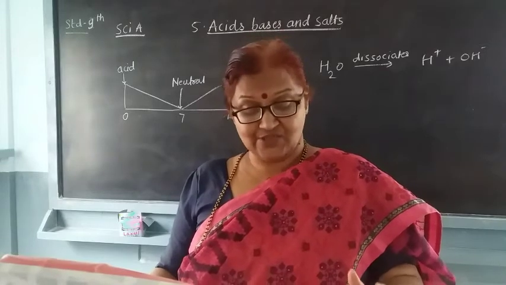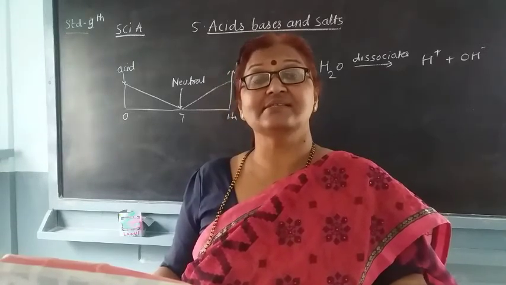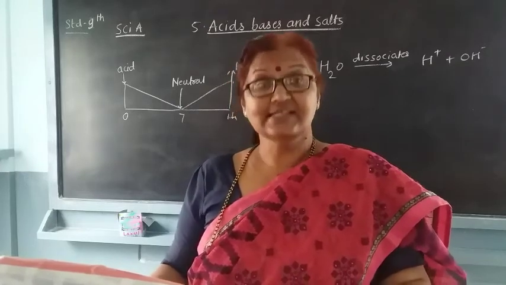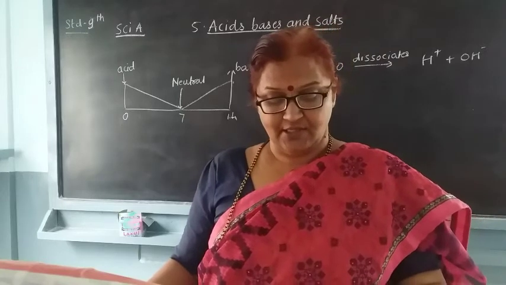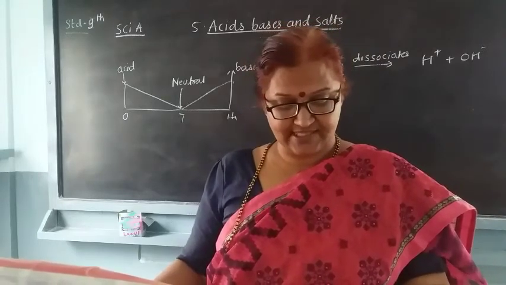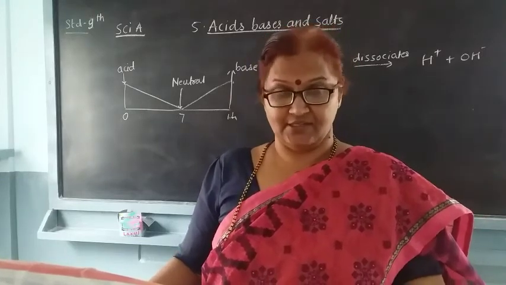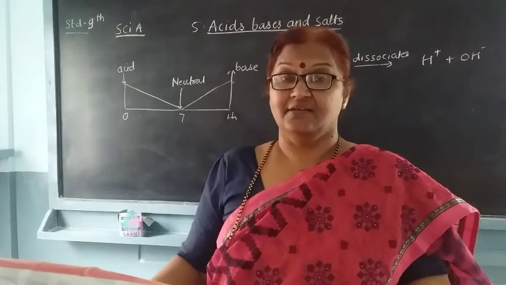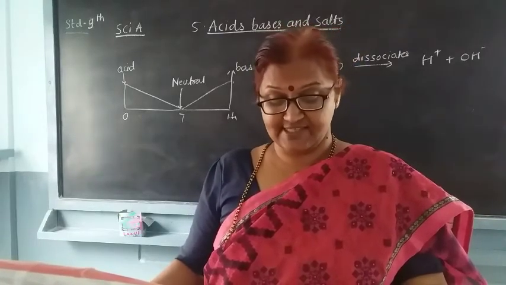This indicator is formed by mixing several synthetic colors in a specific proportion. The pH of the solution is determined by means of the universal indicator solution or the pH paper made from it. So we can determine the pH by using the universal indicator.